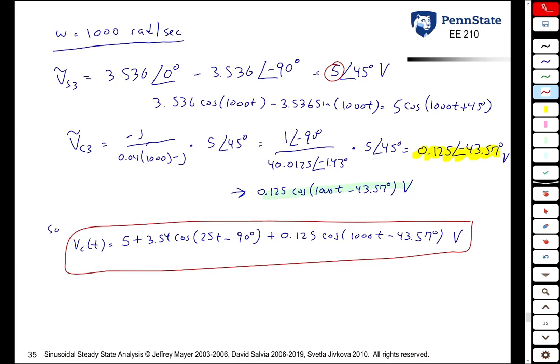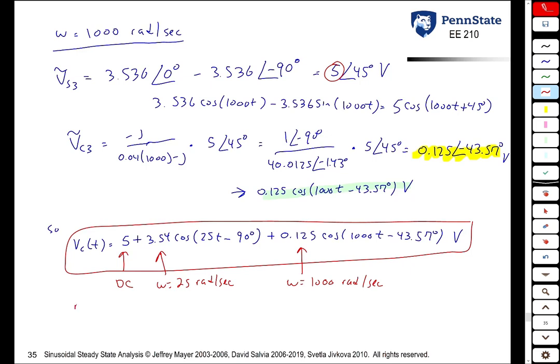But look at the output end. The DC component still had an amplitude of 5. The 25 radian per second component had an amplitude of 3.54, and the 1000 radian per second component had an amplitude of 0.125.